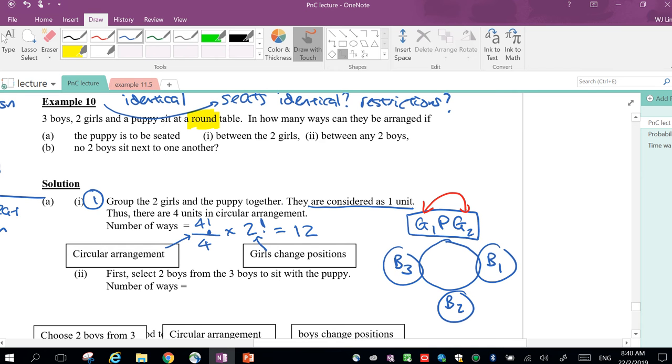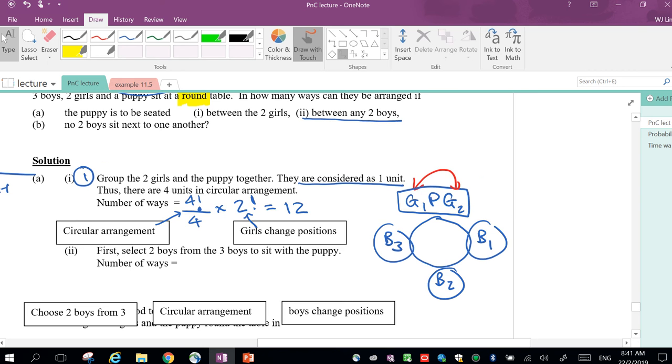Okay, clear about that now? Okay, so let's move on to part A(ii). Now they want the puppy to be seated between any 2 boys. You ask yourself, how many boys are there? 3 boys, right? Then which are the 2 boys that the puppy should be seated in between? 3 choose 2.